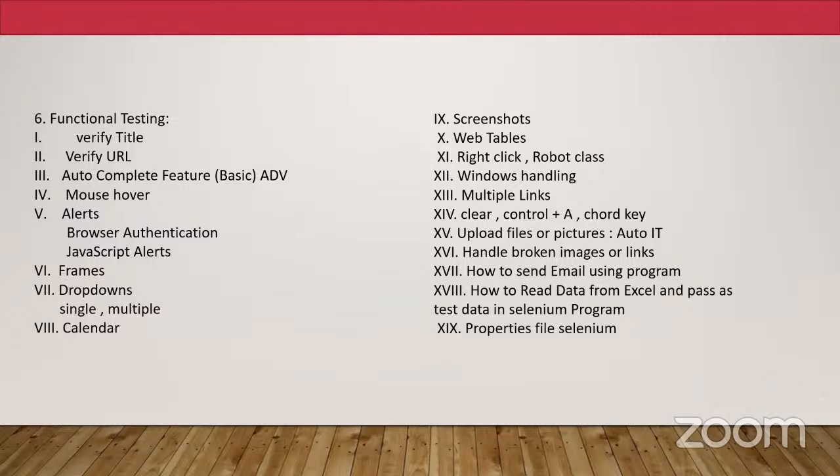So I have listed out some features of a web application, like verifying the title, whether the correct title is displayed or not. Verify the URL, like if you open the URL, is it navigating to the correct page or not? Autocomplete feature meaning is what? You are trying to type something. For example, in Amazon or in Google, you search something. At the bottom, it will give you some suggested list options. Did you see that one?